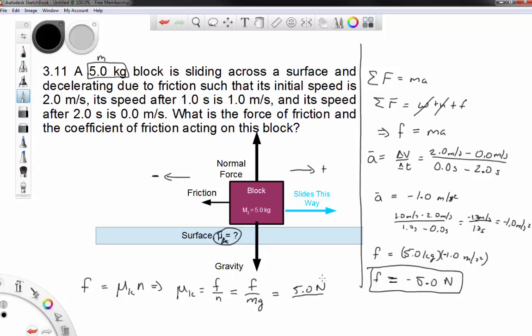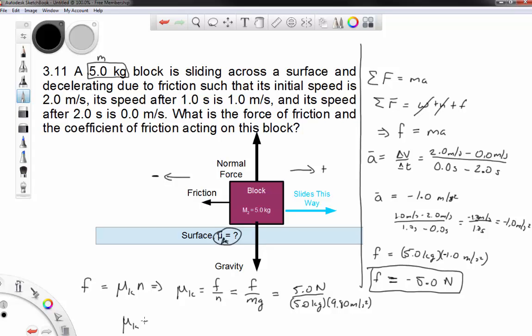So that means that we have 5.0 newtons. Again, we're only caring about the magnitude, so this sign doesn't matter. 5.0 newtons divided by 5.0 kilograms times 9.80 meters per second squared.